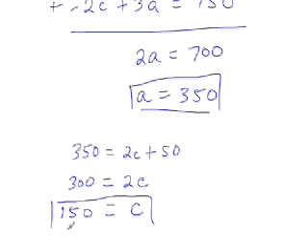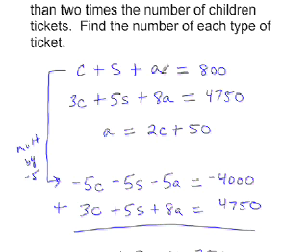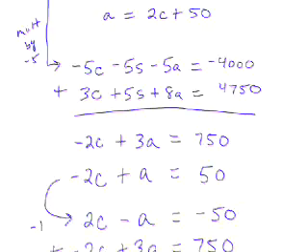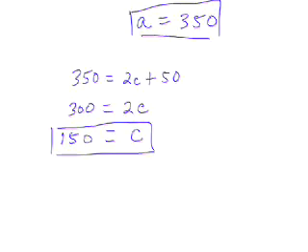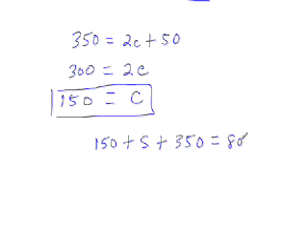So now I have 2 out of the 3 variables. I must go back to one of our original equations that has all 3 variables to find our missing variable. Let's choose the top one: C plus S plus A is equal to 800. Substituting A is 350 and C is 150, we have 150 plus S plus 350 equals 800.